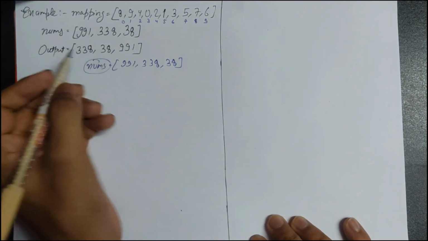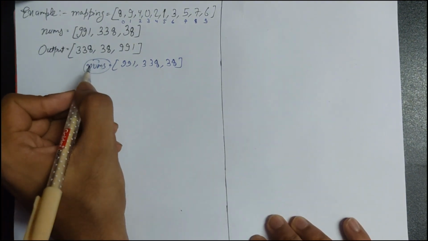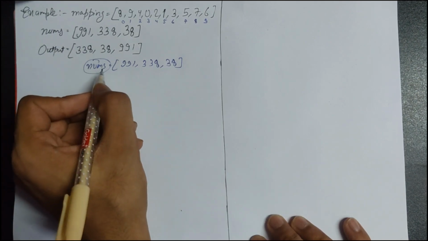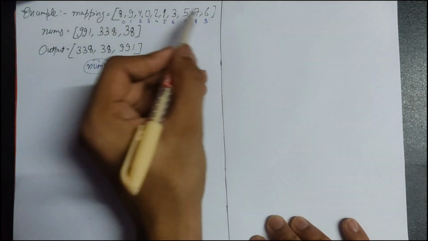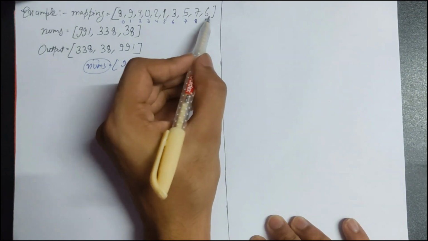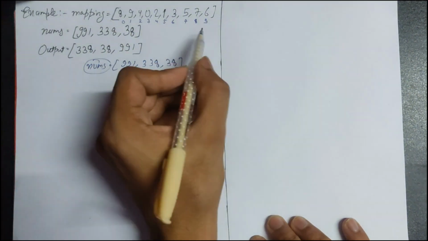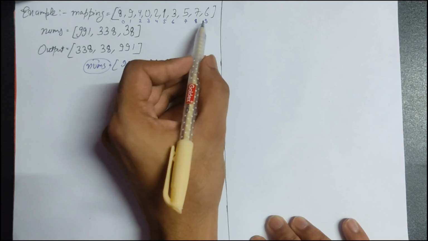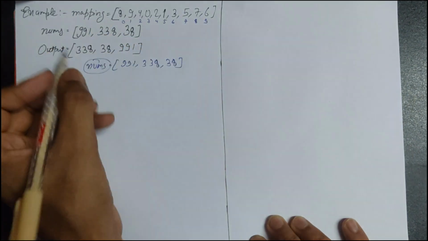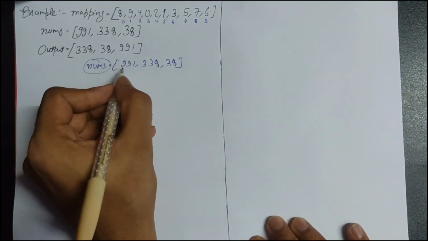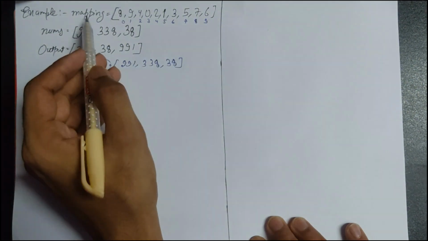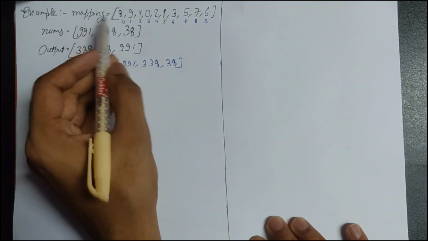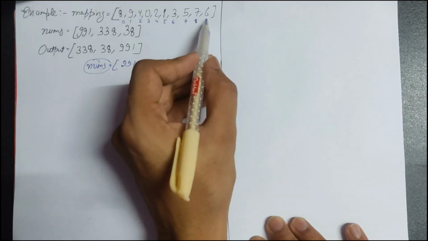Before that, let's first understand how the mapping will be done. In the given array, nums is 991. In the given mapping array, all the values corresponding to the index are the values that we have to replace. Like in nums equals 991, this 9 will be replaced by 6, because in the mapping array the index 9 points to the value 6.